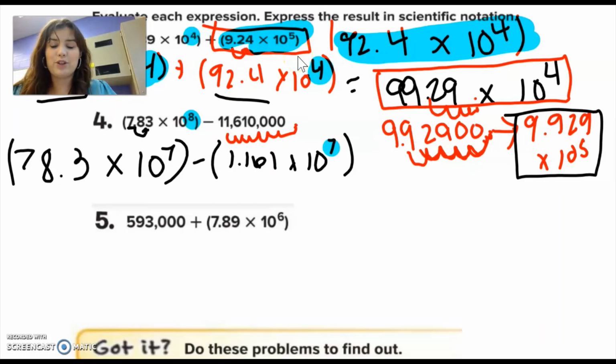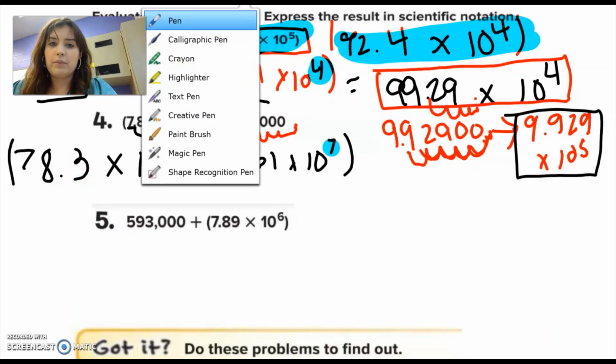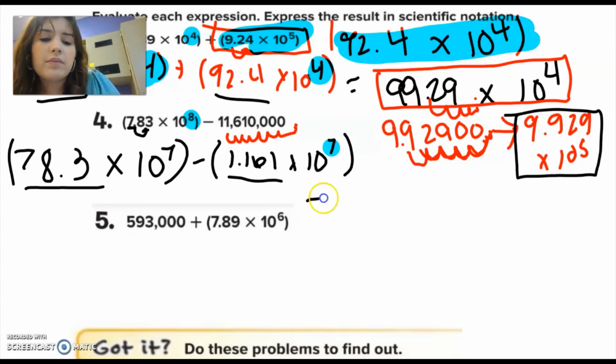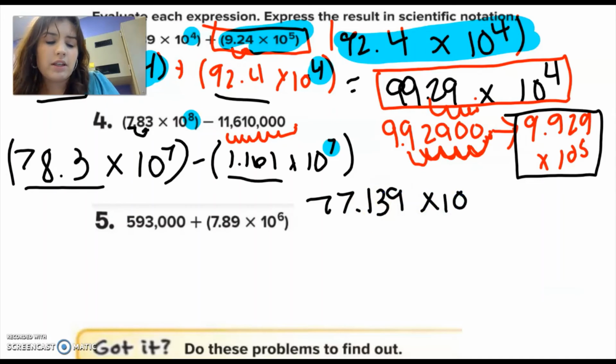Sorry for the interruption. Back to this. Our exponents now match. So all we're going to do is subtract our beginning numbers, and we'll get 77.139 times 10 to the 7th.